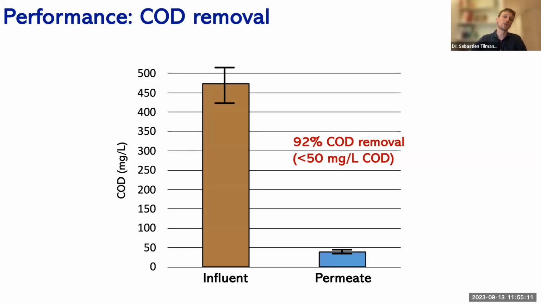If you think of a secondary effluent permit, it's typically requiring BOD concentrations below 30. So BOD is typically about half of COD, and so we're meeting secondary effluent standards with this anaerobic technology. No aerobic polishing, no aerobic treatment necessary to meet those secondary effluent standards.